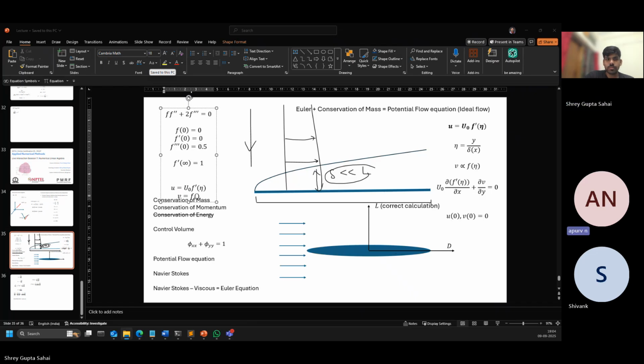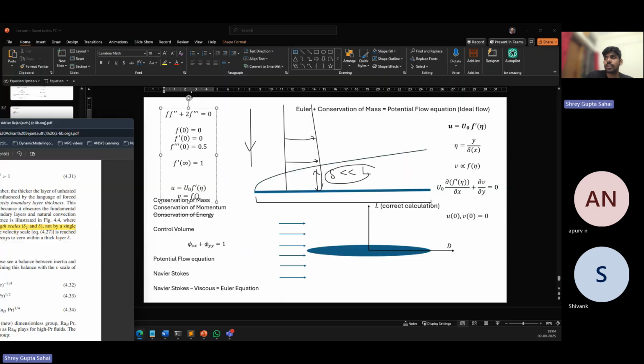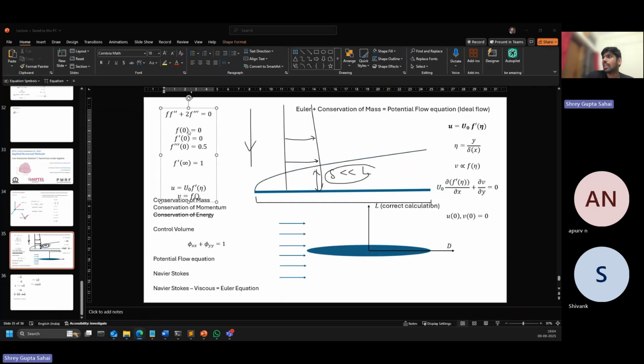But f double dash is there, right? Actually, you need f double dash also. You can calculate f double dash using the governing equation. You have the f value and the f triple dash value. Calculate f double dash at 0. f of 0 is known, f triple dash of 0 is also known.